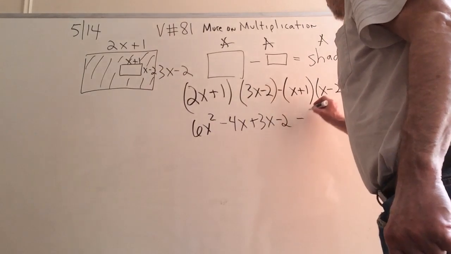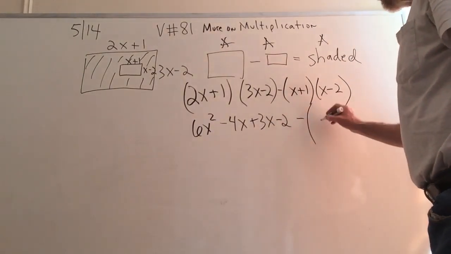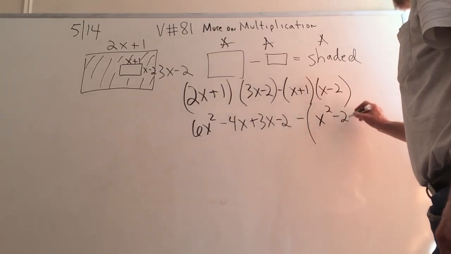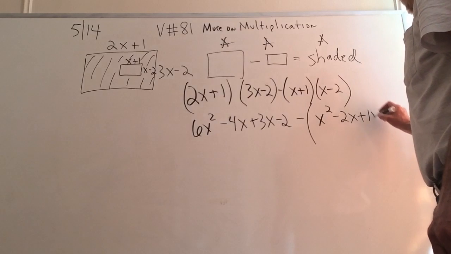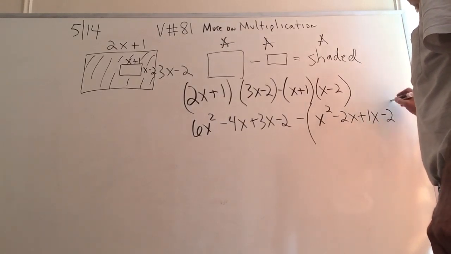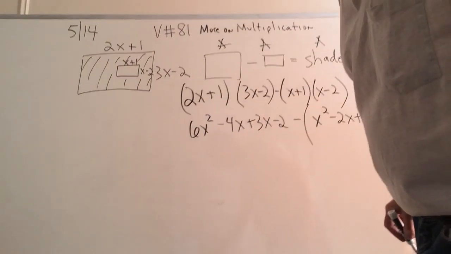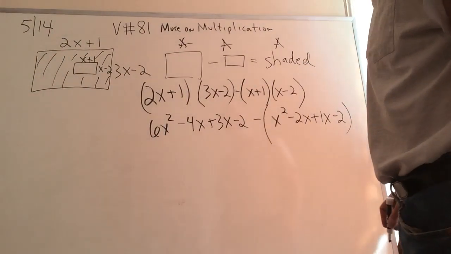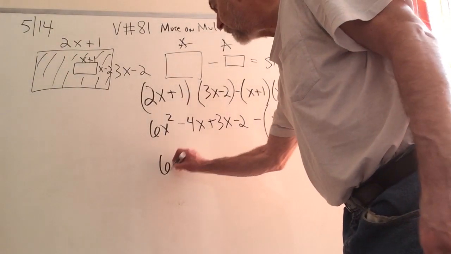Minus 2, minus, we'll keep everything in parentheses here, okay, x squared minus 2x plus 1x minus 2, and we'll give ourselves a little bit of room to do this. Put together your middle terms.